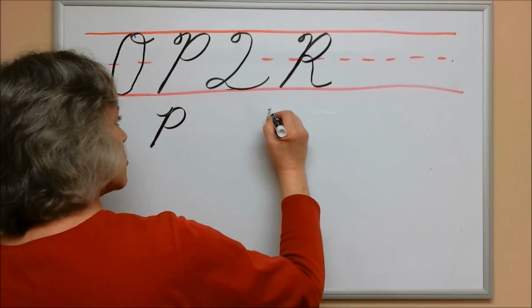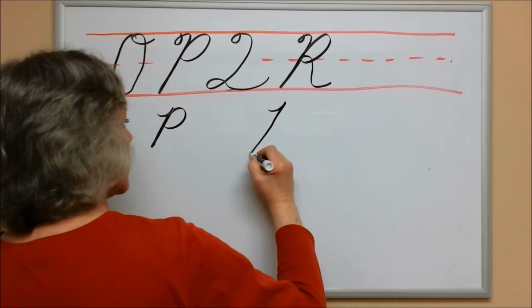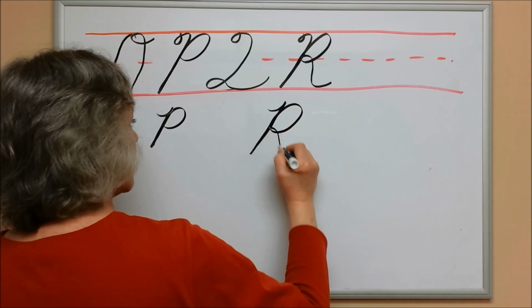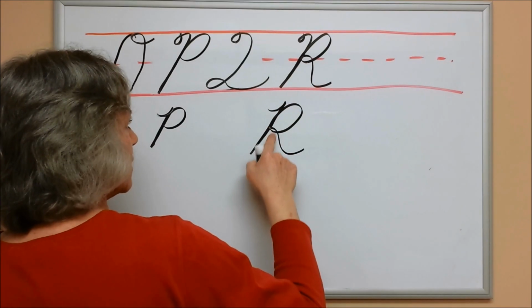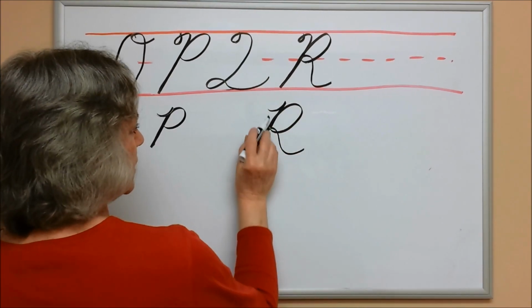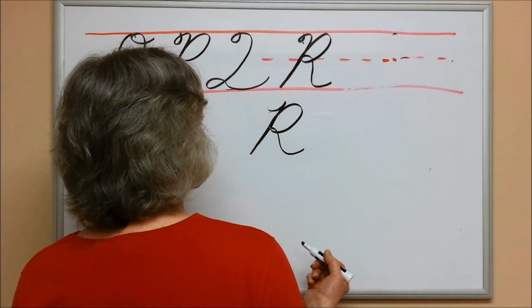I would make a little piece going up on the R, up to the top, go down, back up, and then continue. In either case, I have a loop here in the middle, but this top loop is not as important.